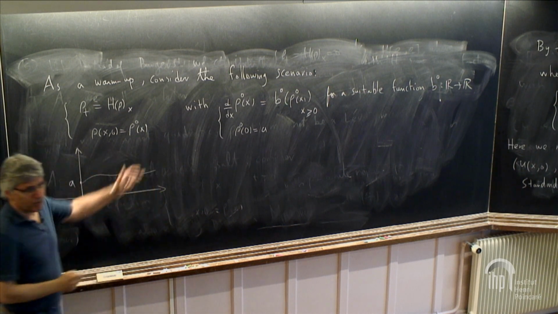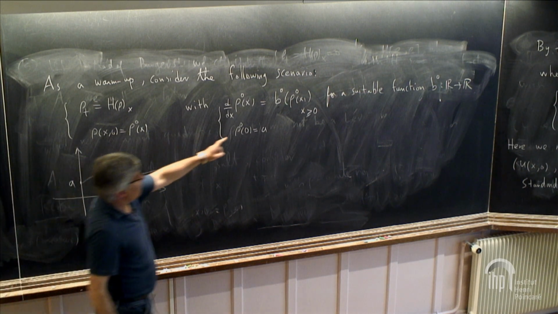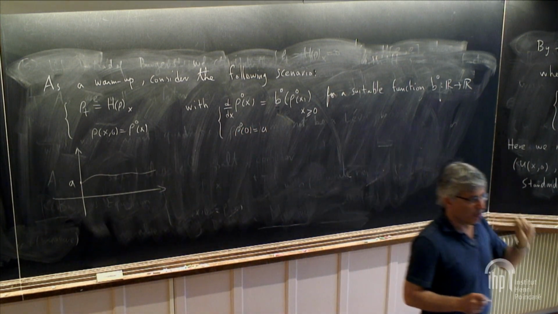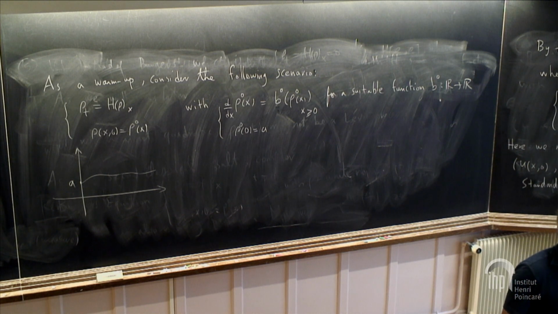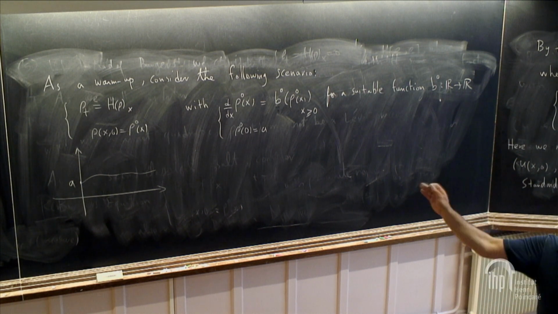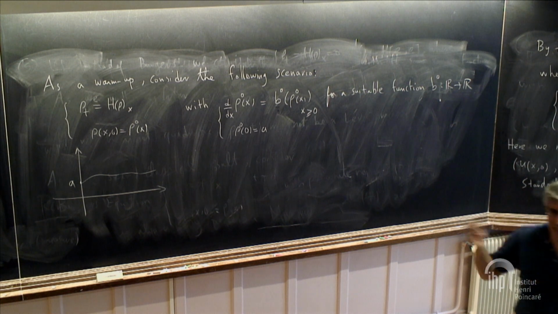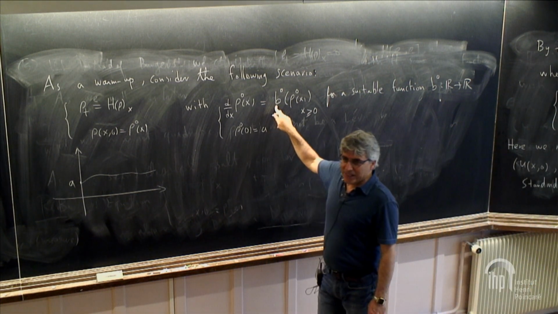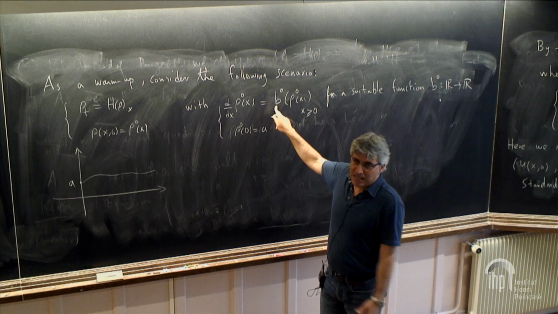That would give me a suitable profile. And the velocity of the ODE, or the vector field of the ODE, is this given function b_0. And imagine that this picture persists at later time, meaning at later time you have a solution to an ODE for which b_0 is replaced by a new vector field that depends on time.